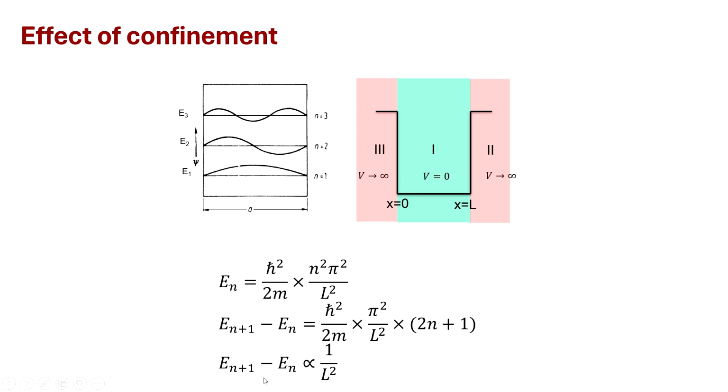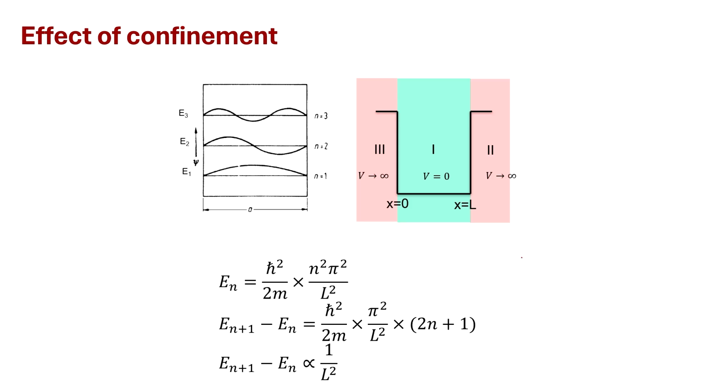The difference between two successive energy levels is proportional to 1 over L square, as you can see from this plot. As the value of L decreases, the energy levels move further apart, and as the value of L increases, the energy levels become closer.